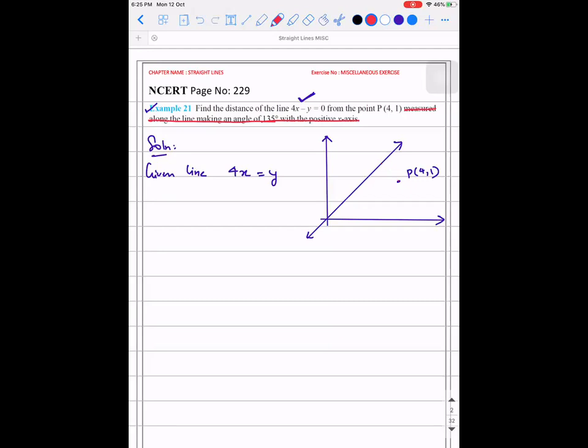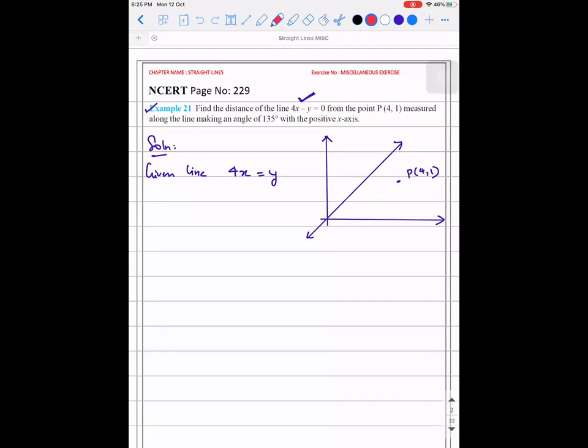But here, they don't want the perpendicular distance. Rather, they want a distance along which line? Along the line making an angle of 135 degrees with the positive x-axis. So how to solve that?